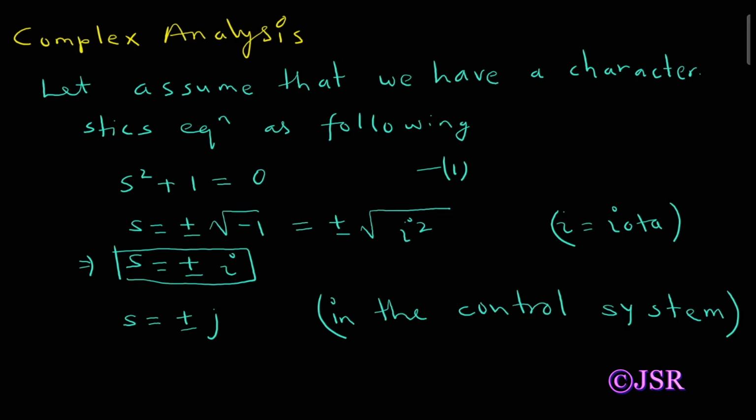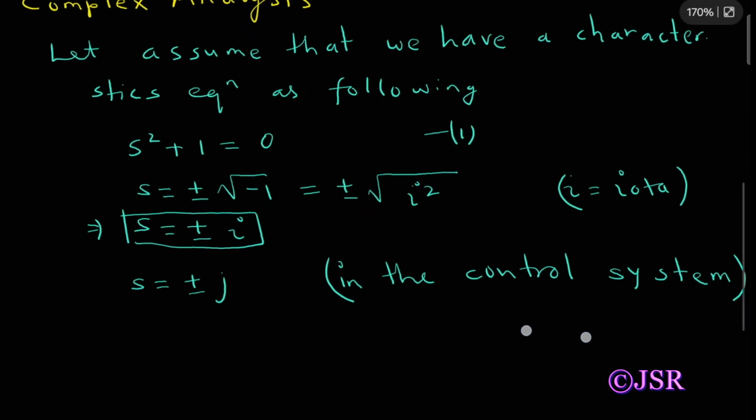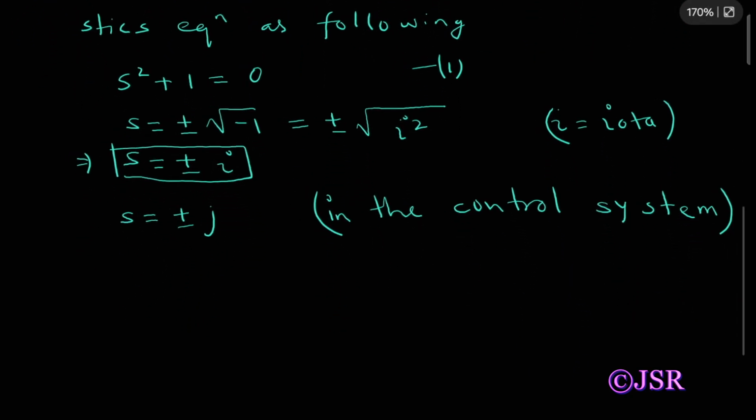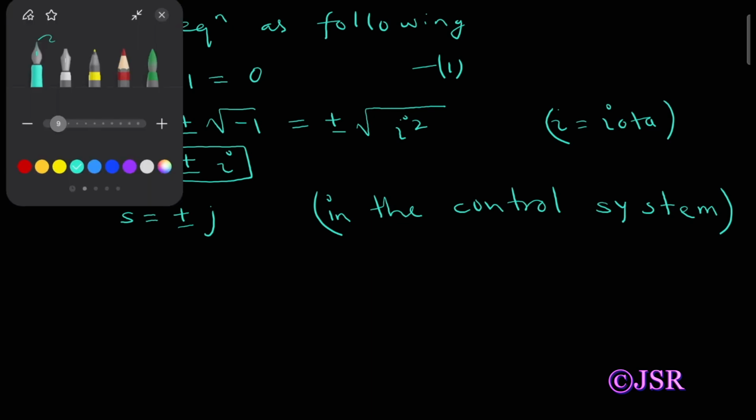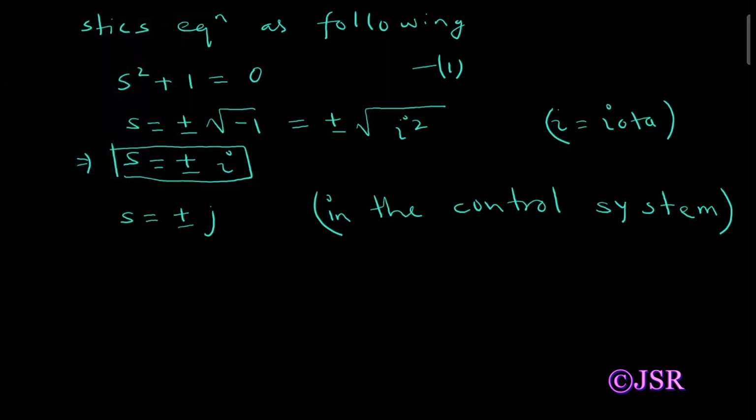So in the next section we will use J as an imaginary number. So now we have J as an imaginary number, right?